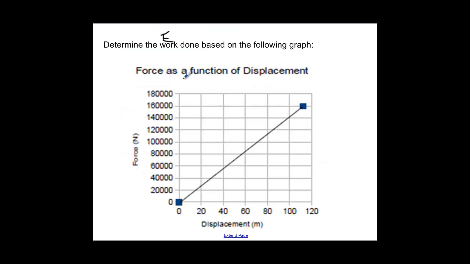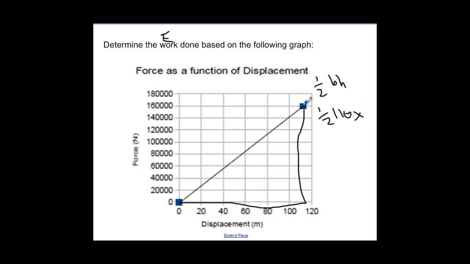So, anyways, for this last example here, what's the area under this graph? Well, I'd say this graph seems to go according to a triangle. So that would be 1/2 base times height. That's your area. The base looks like it's about 110 meters.